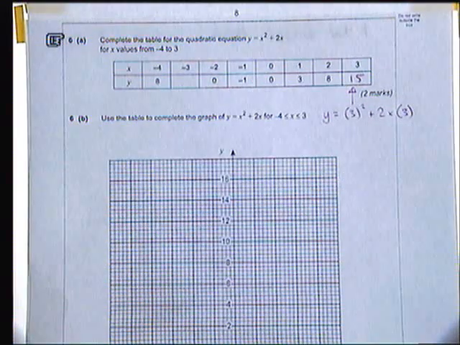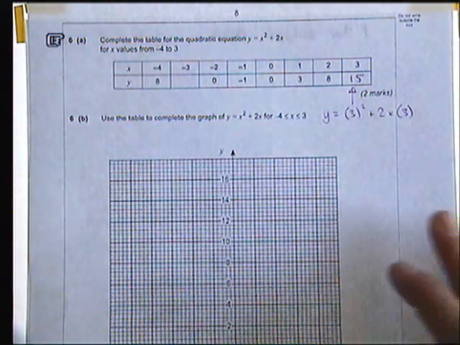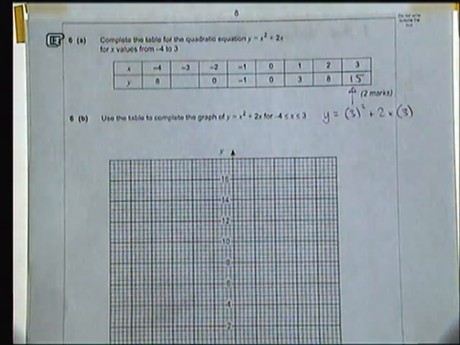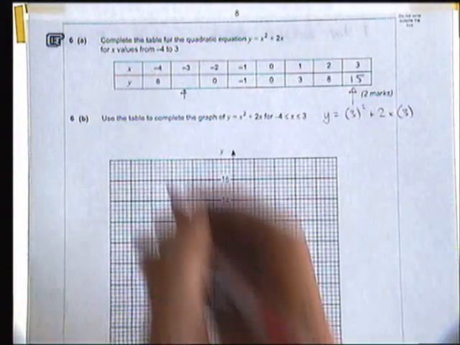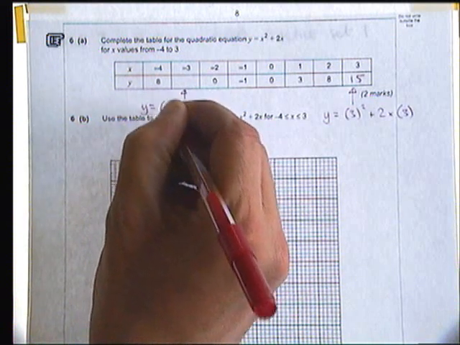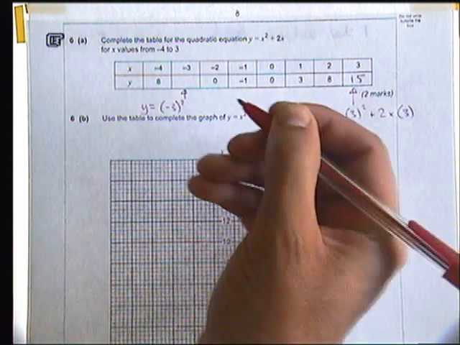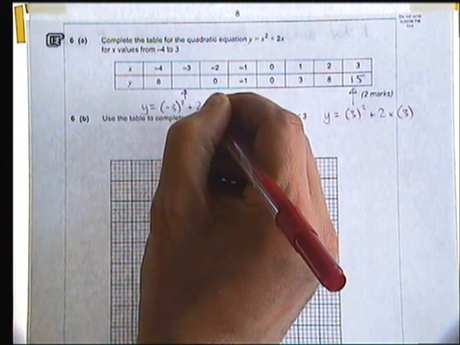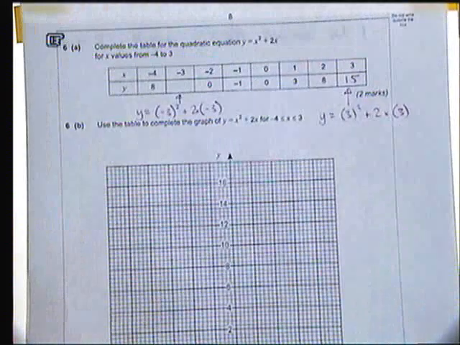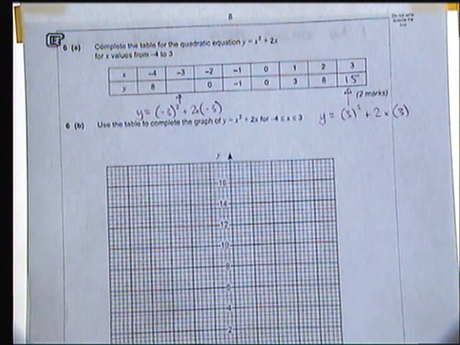And that will be the first of your 2 marks available for that question. The second of the 2 marks is this number in here, and you can use a similar method. You can do -3 squared, remember to put the brackets in on your calculator, and 2 lots of -3, and you will get the answer 3 in that box.